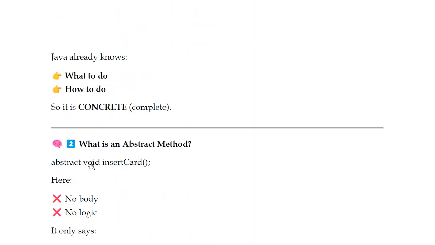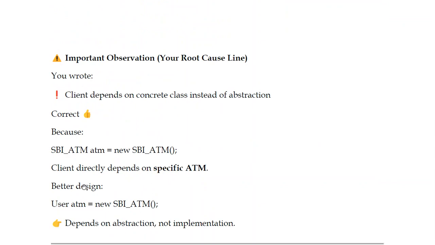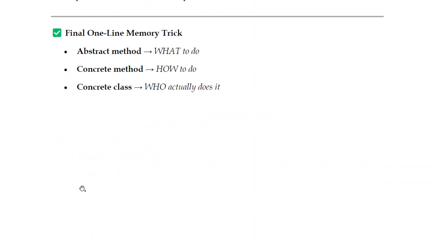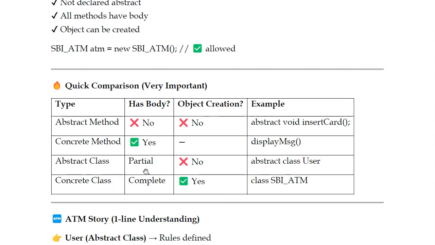This is the reason we say the abstract class body is partial, and no object creation. Abstract class example: abstract class user.